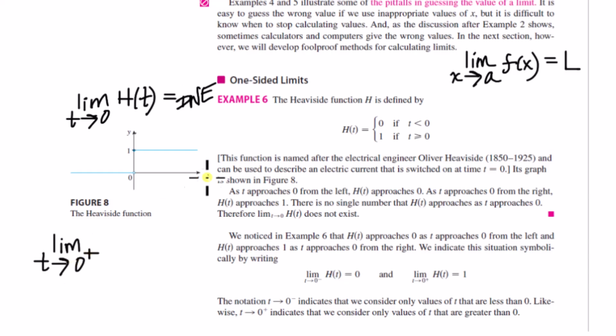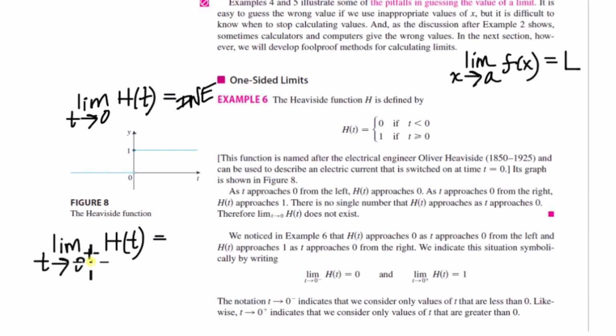So t is approaching 0 from above 0, not the positive direction, because you could maybe have t approaching -5, and so like, I guess you could call this the positive direction, but from above the value of h of t.